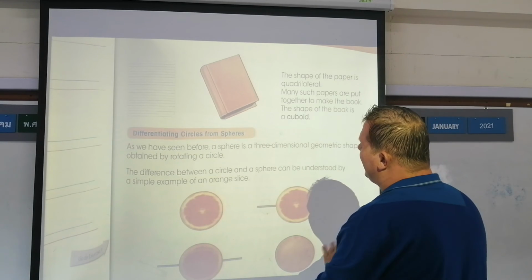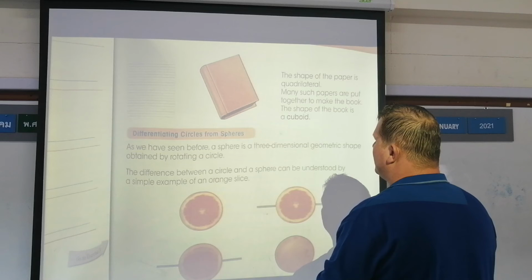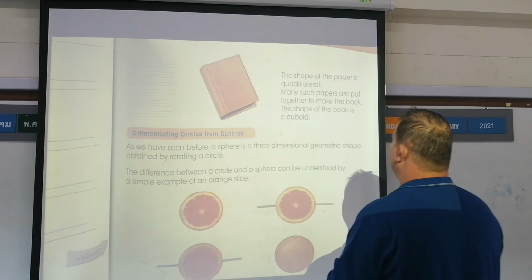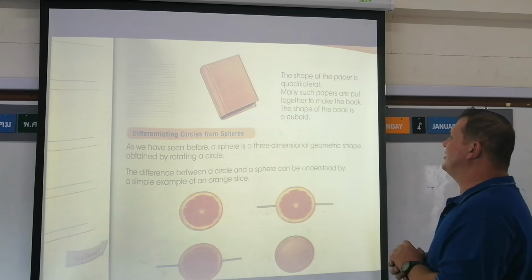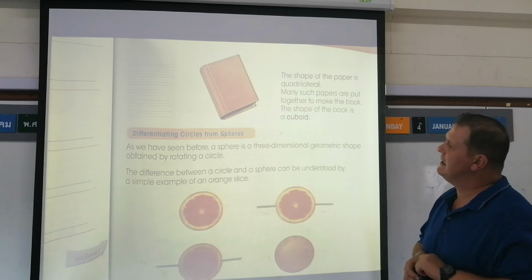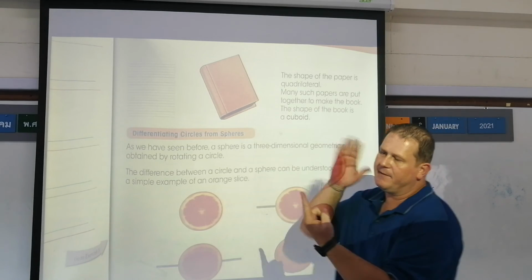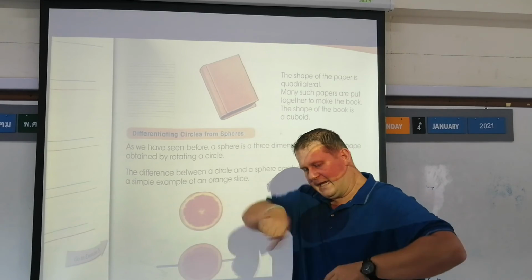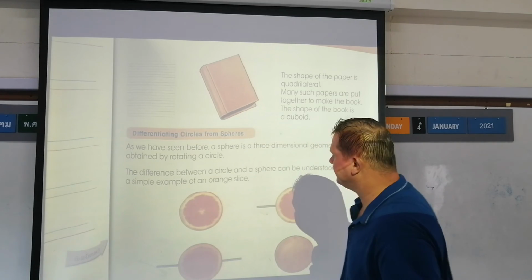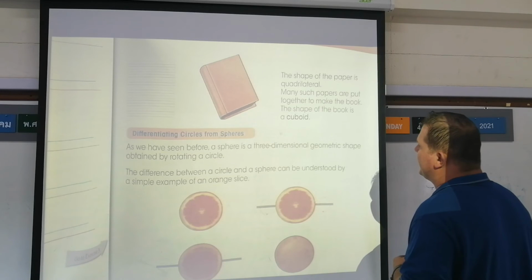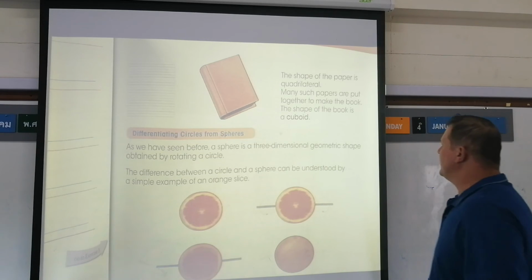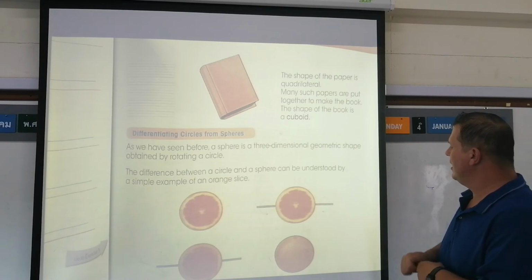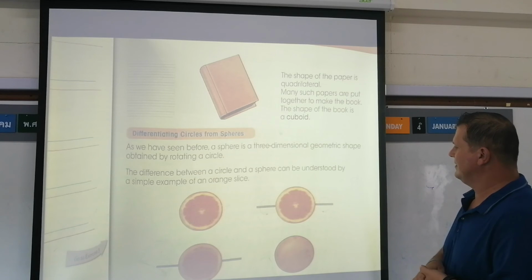Differentiating circles from spheres. Alright, as we have seen before, a sphere is a three-dimensional geometric shape obtained by rotating a circle. Like I told you, the ball on the finger. You spin it. Alright? Or a coin. You flick it and it turns on the table. The difference between a circle and a sphere can be understood by a simple example of an orange slice.